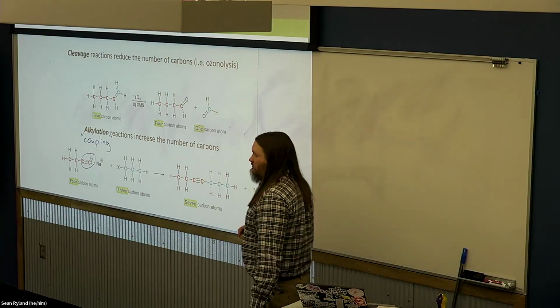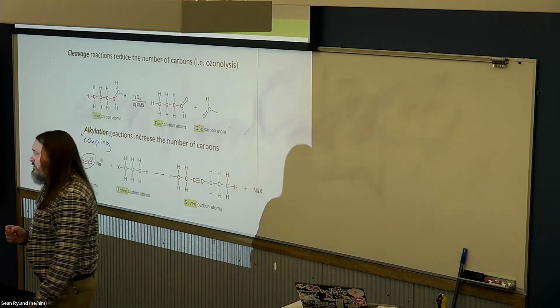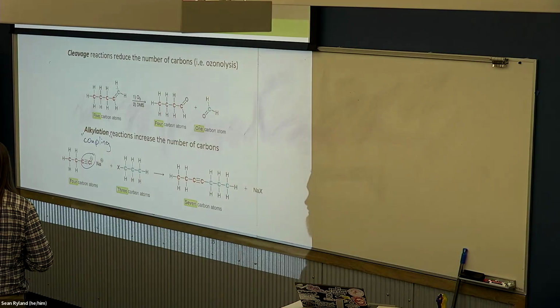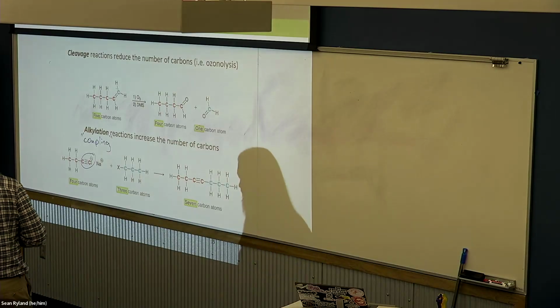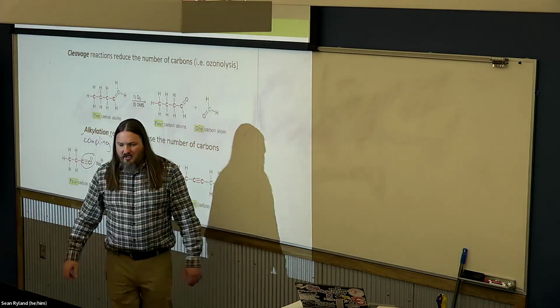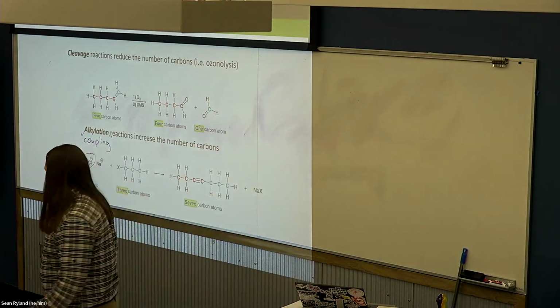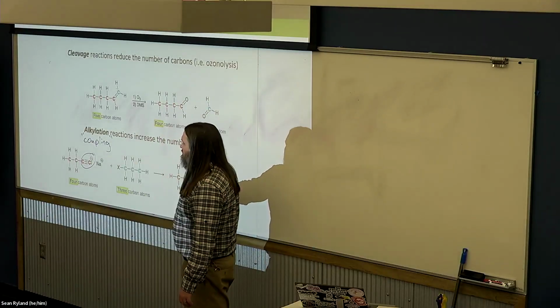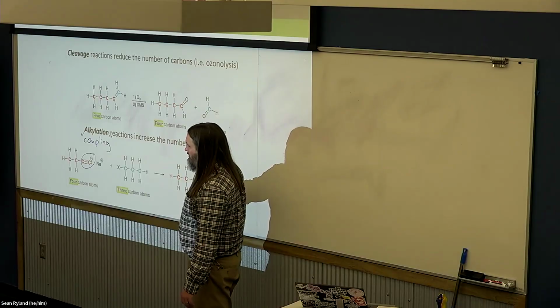We'll learn at the end of this quarter a couple more options for adding carbons to things, but for now, this is the only reaction we have. You turn a carbon into a nucleophile, and you get an alkyne, which we can then hydrogenate if we want to get rid of the alkyne.